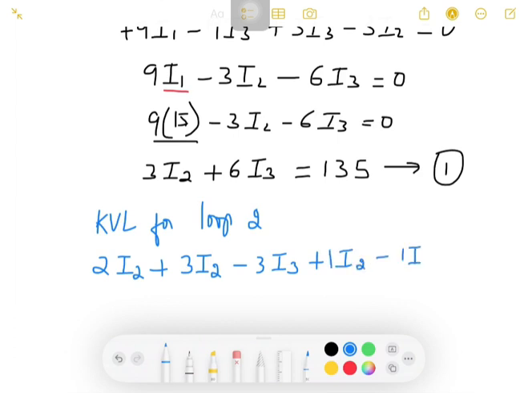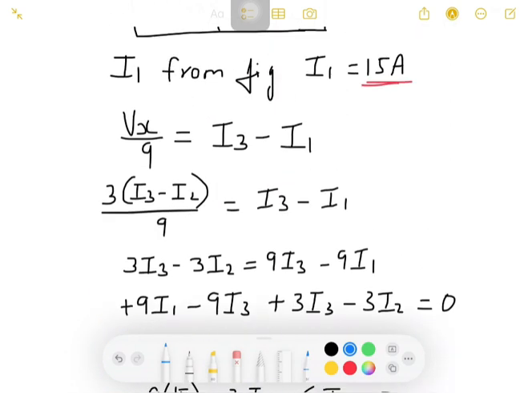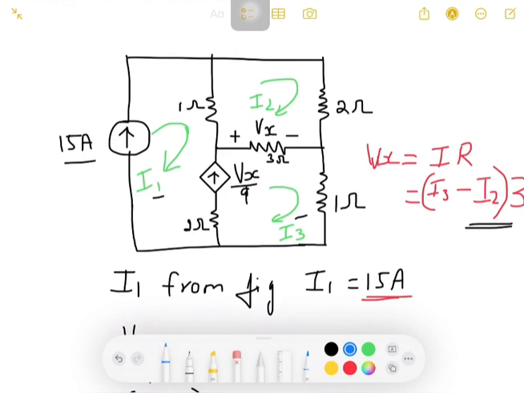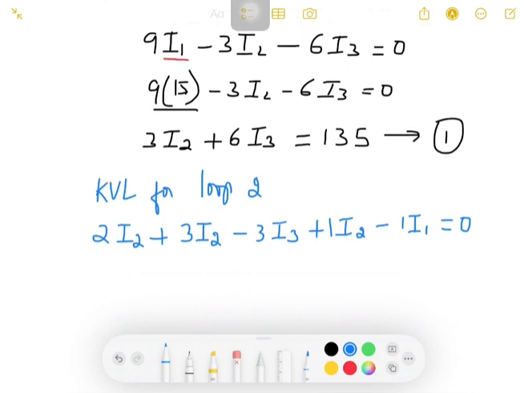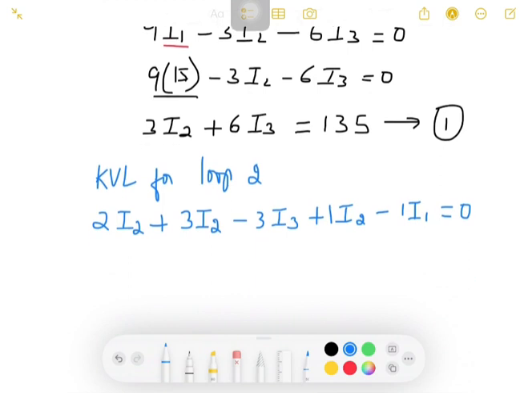So this will be 2 into I2 plus 3 into I2 minus 3 into I3 plus 1 into I2 minus 1 into I1 equal to 0. So if I simplify this, how many I1s are here? It is only one I1, minus I1, and I know that it is 15 amps.